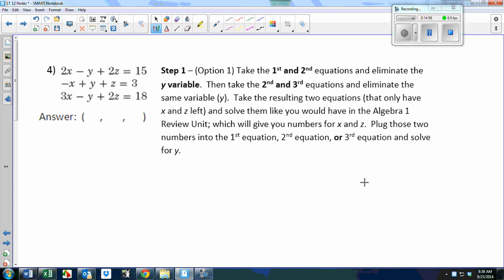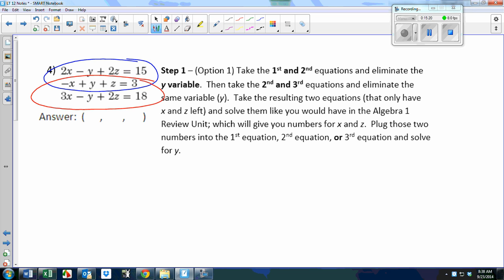Which variable is like tempting you to eliminate it? Yes, the y, because you got a positive y and two negative y's. So I personally would choose to group the first two equations, get rid of y, and then group the second two equations and also get rid of y.